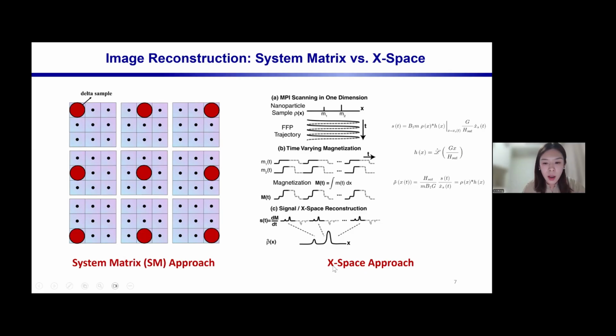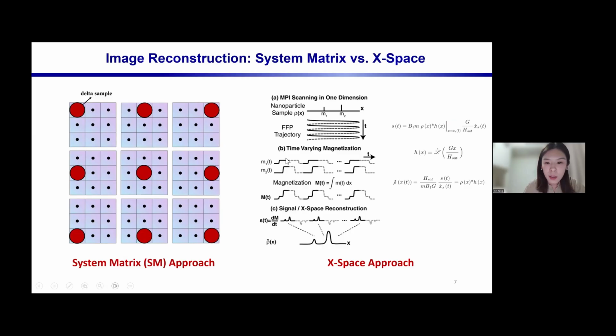On the other hand, the x-space approach is a more direct way of thinking. We can imagine a one-dimensional sample as shown here in figure A. As our sweet spot, the FFP, zooms across the particle, the magnetic moment changes non-linearly.